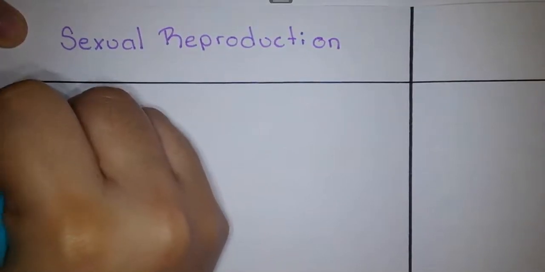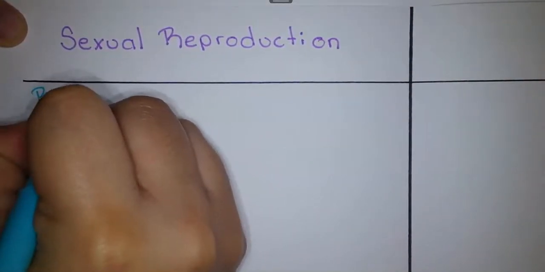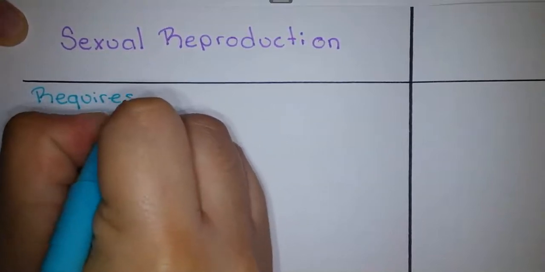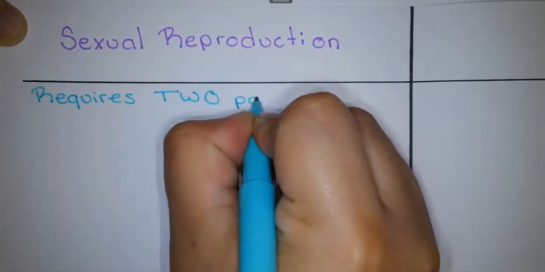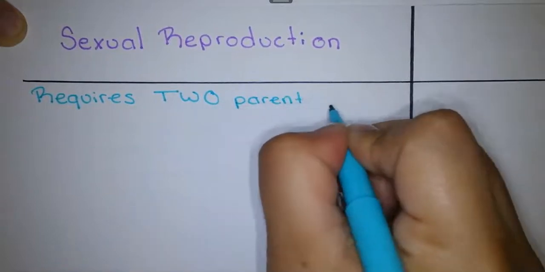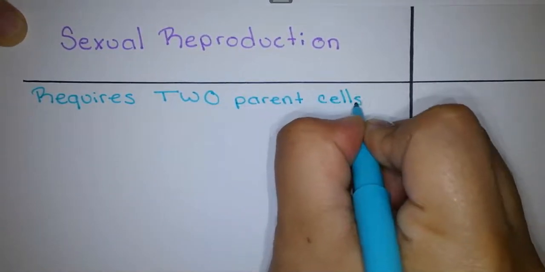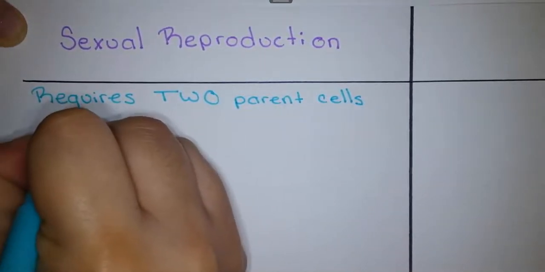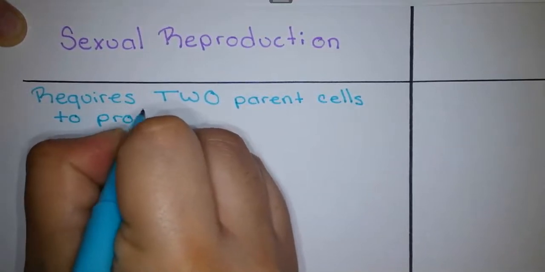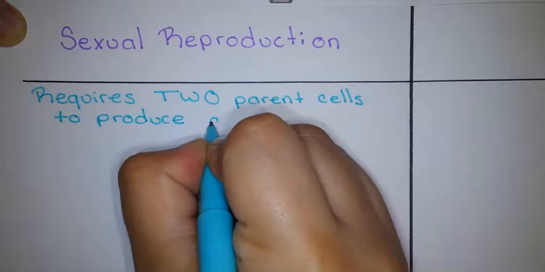reproduction. So what I remember from when we talked about sexual reproduction was that it required two parent cells to produce offspring.